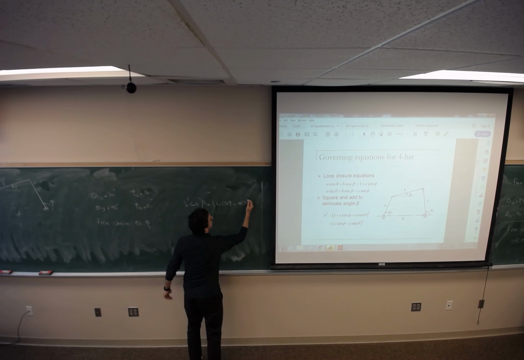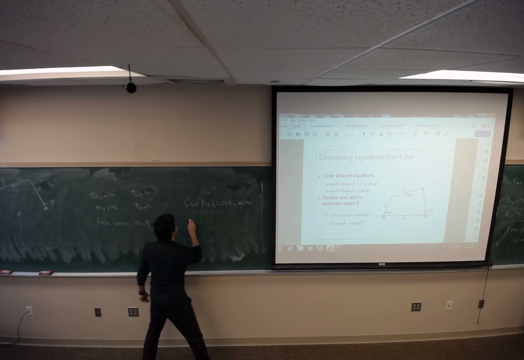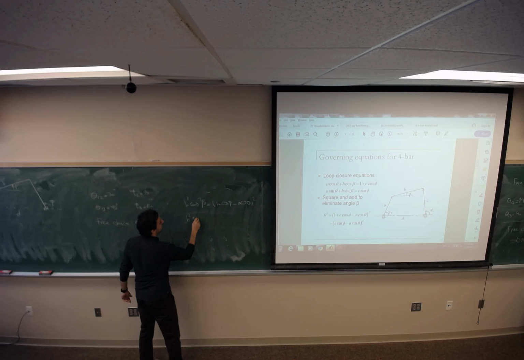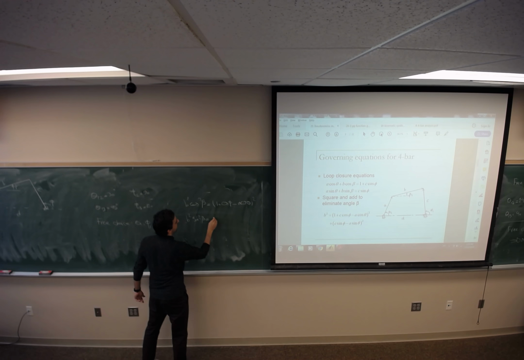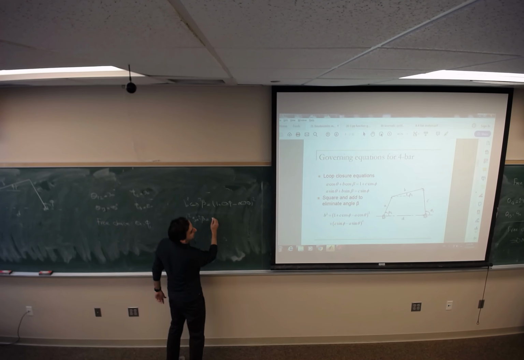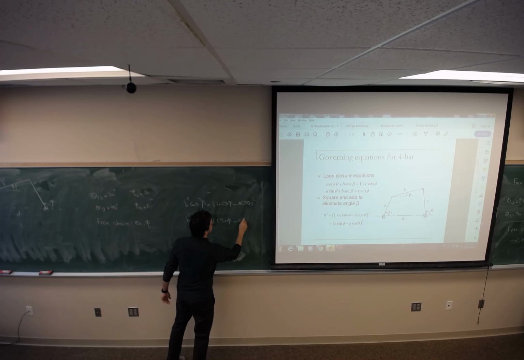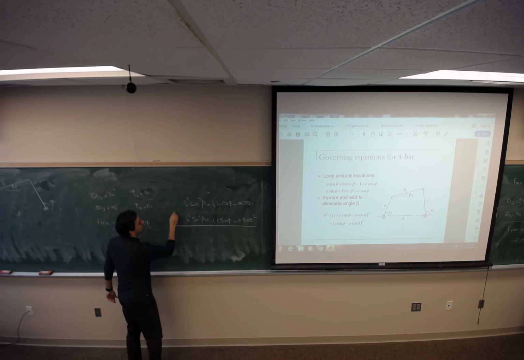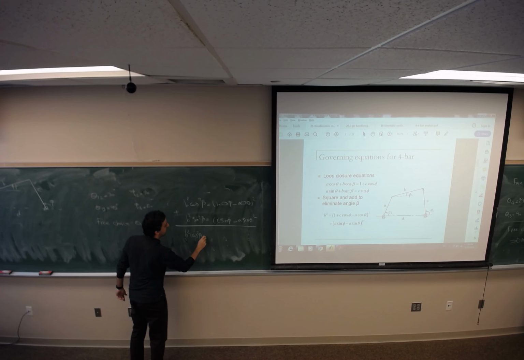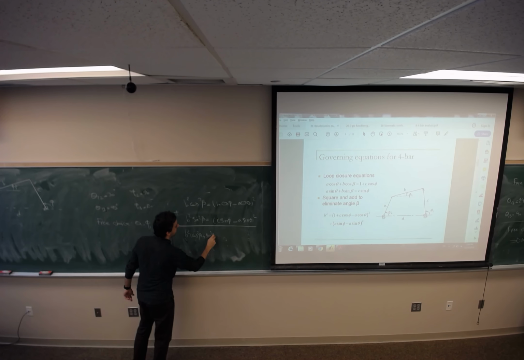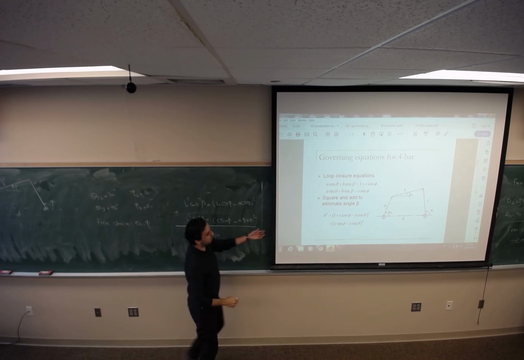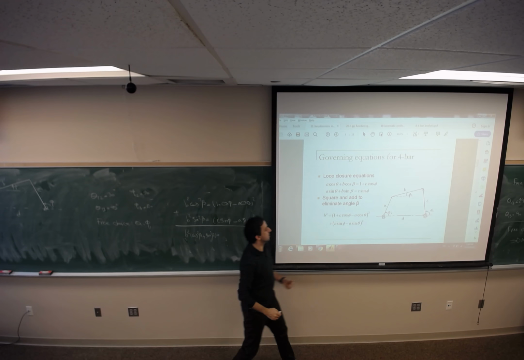And B square sine square of beta equals C sine of phi minus A sine of theta, squared. If you square and add them up, you will get B square cosine square of beta plus sine square of beta equals this square plus this.